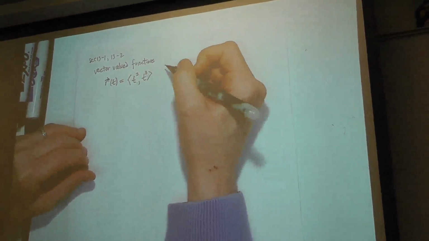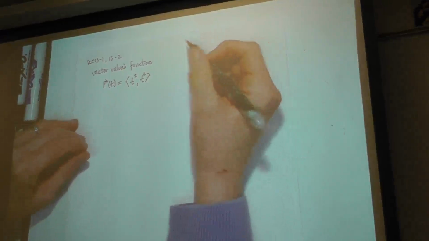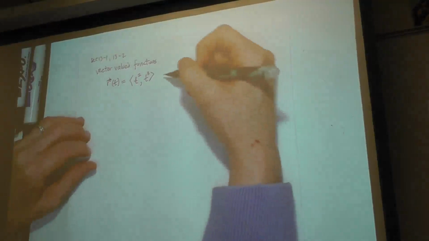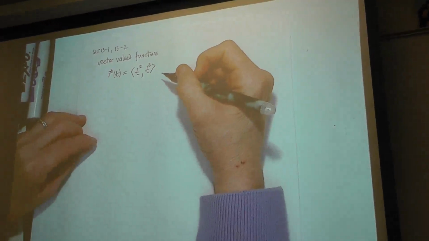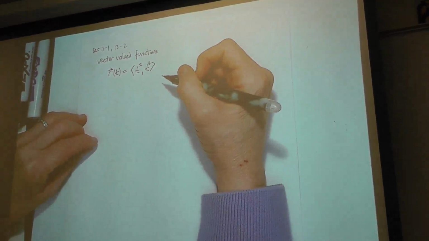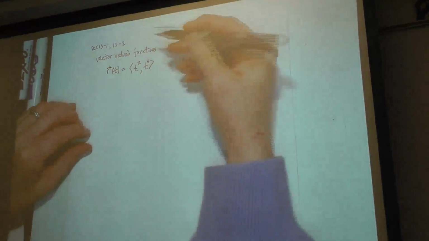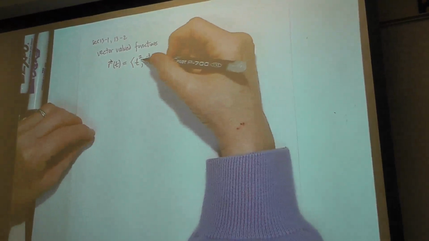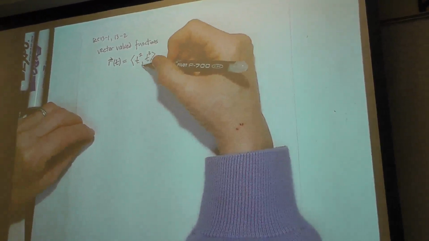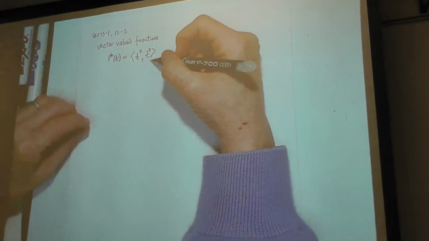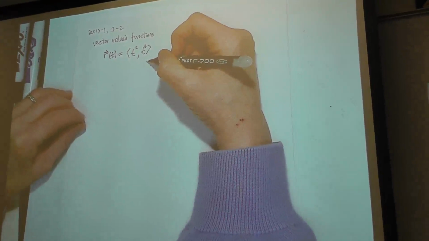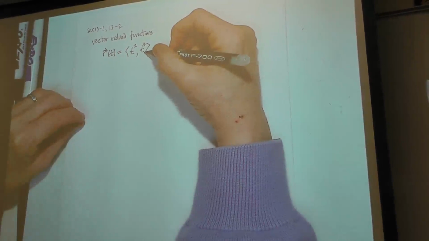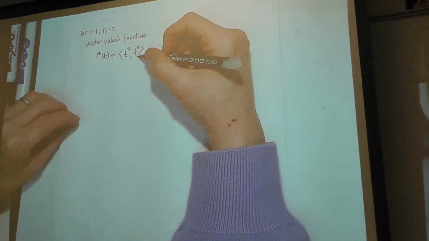They can really be in any dimensional space, but we will just be looking at vectors in 2 or 3 dimensional space. If we're reasonably lucky, I can find a relationship between the components of this vector and see what path this would trace out.